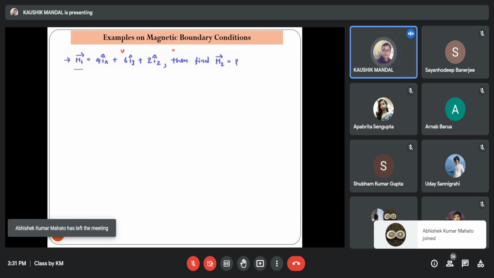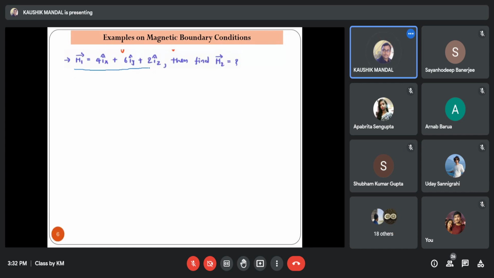This magnetic field H1 is given, H1 equal to 4ix plus 6iy plus 2iz. Then you have to find out H2. The problem description is given.